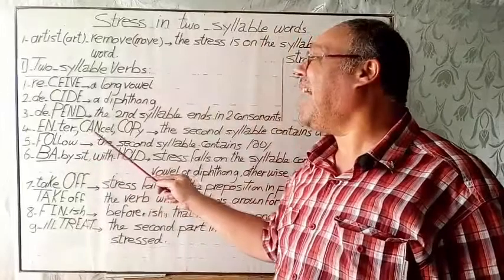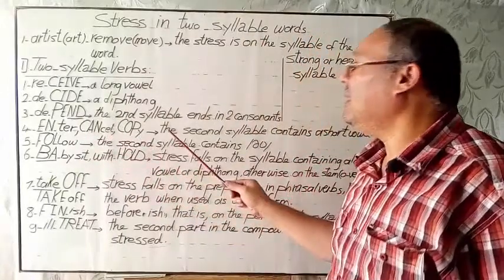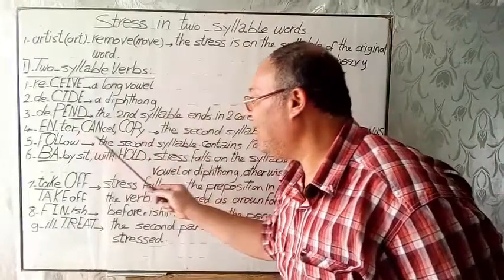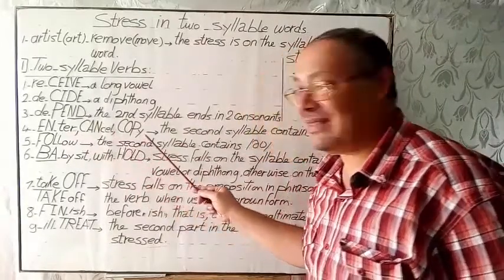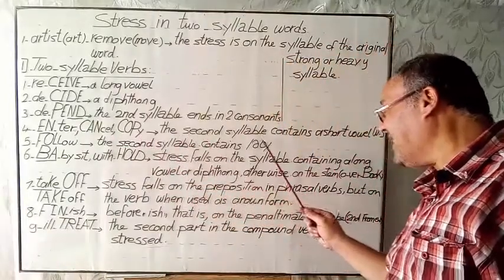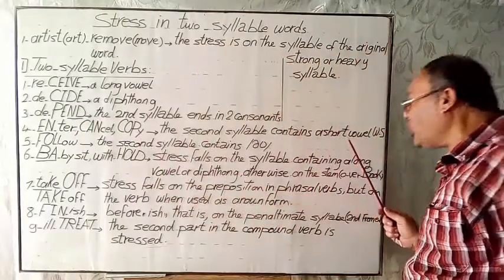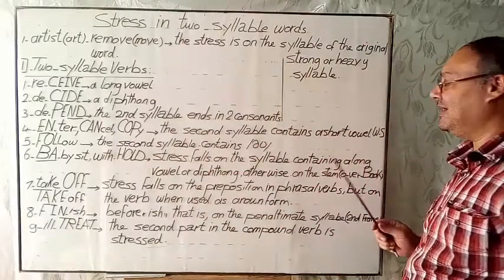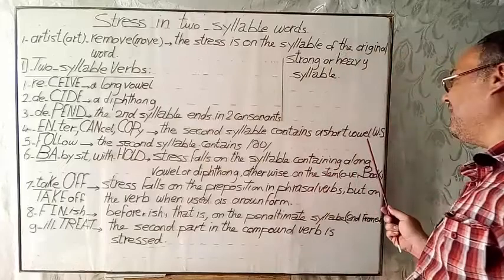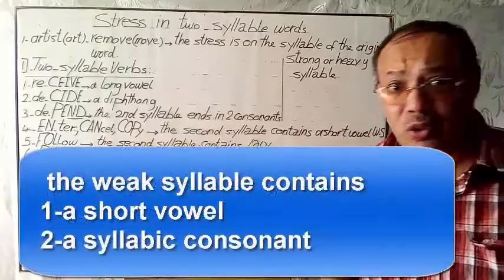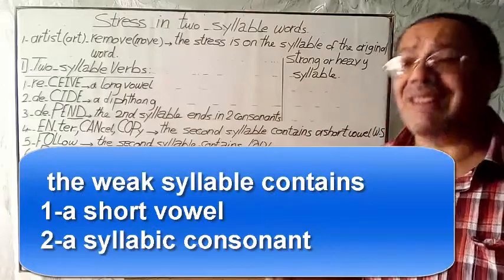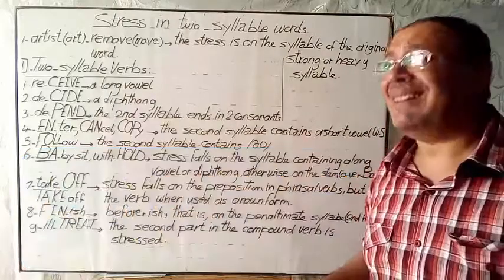Enter, cancel, copy. The second syllable contains a short vowel, or a syllabic L. The syllable that contains a short vowel is called a weak syllable or light syllable.